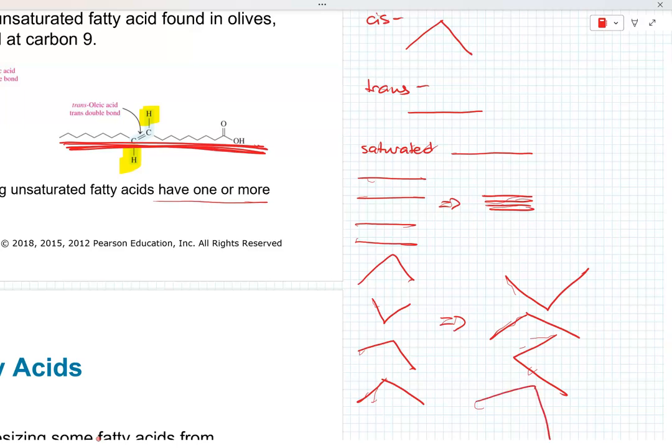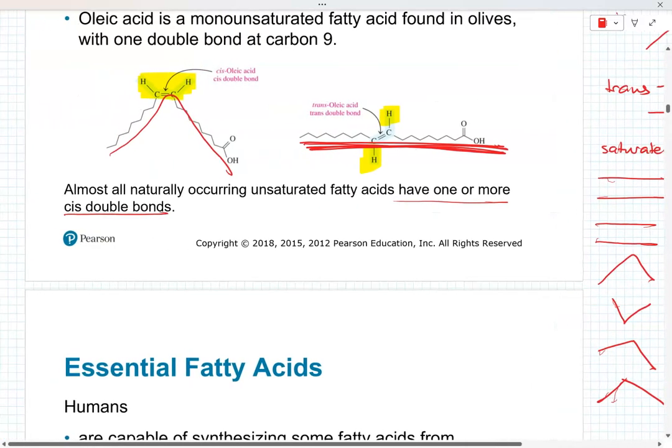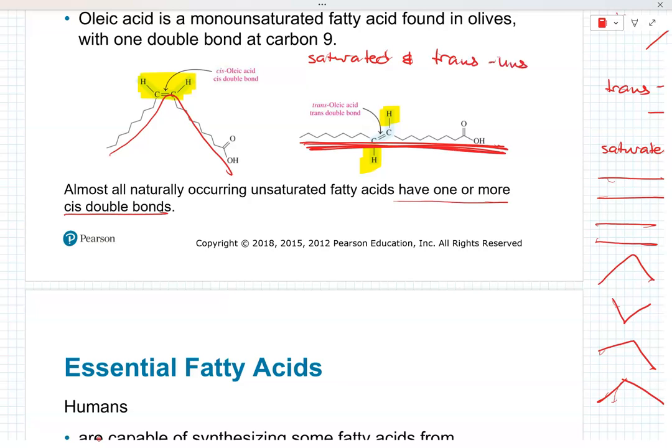Am I making sense right now? So, saturated and trans unsaturated are tight.